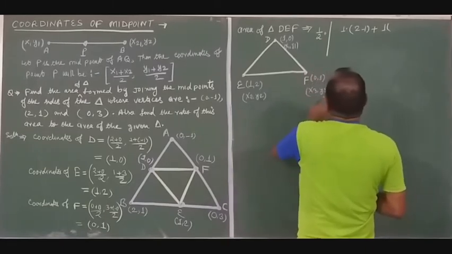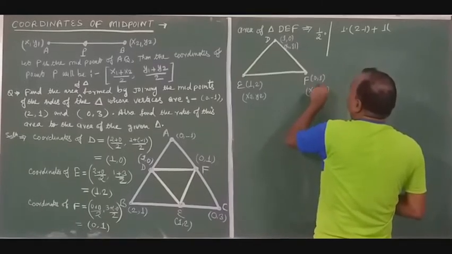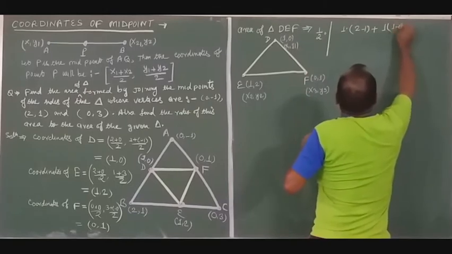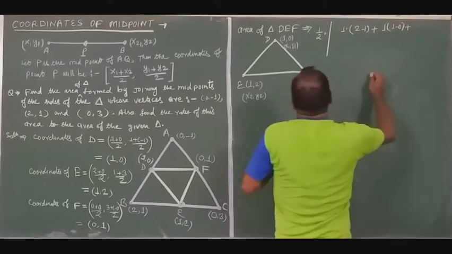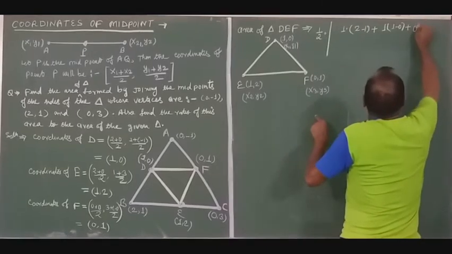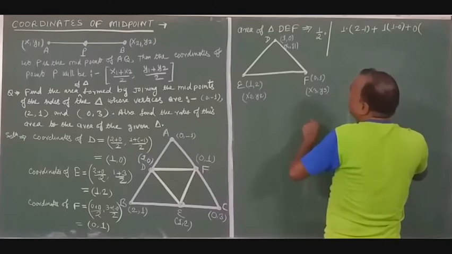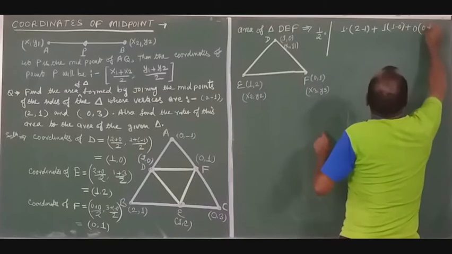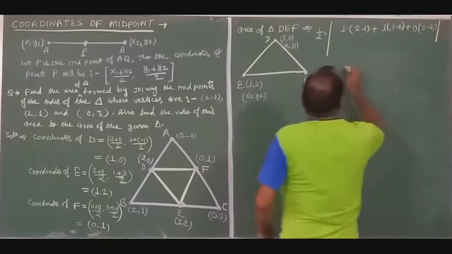What is y3? This one, 1 minus 0, plus what is x3? 0, and this will be y1 minus y2. What is y1? 0 minus 2, 0 minus 2, and now you will solve this.